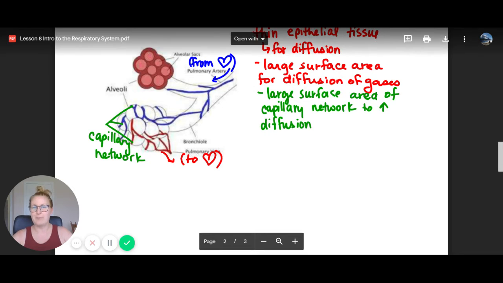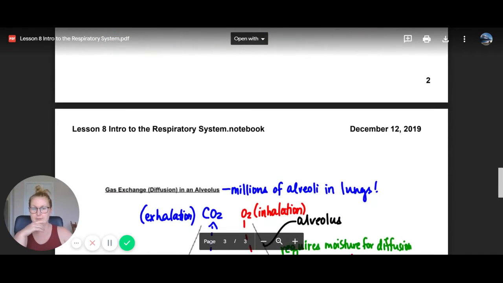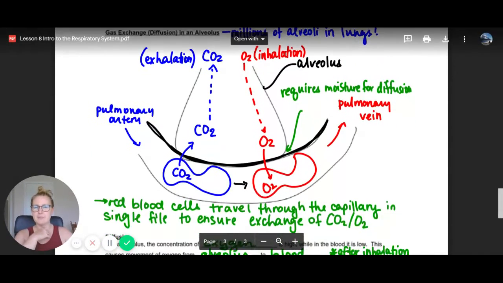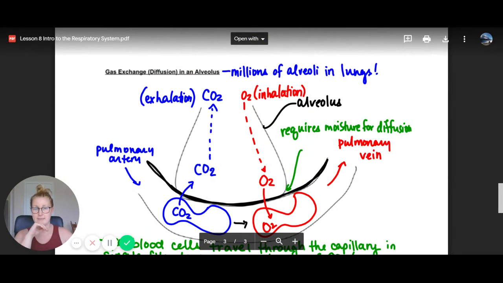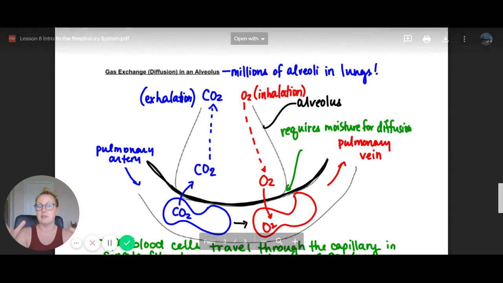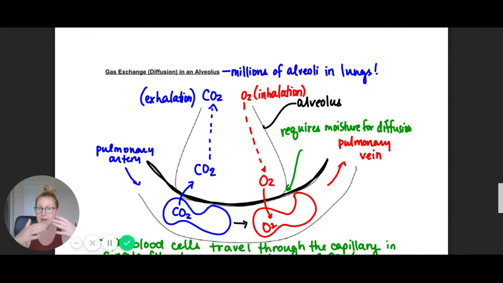At this point, we're going to zoom even further into a single alveolus, which is one alveoli, and the capillary networks that are around it. I want to mention again, we're talking about gas exchange here. Here I've drawn a zoomed-in picture of what we would see in that capillary network as well as the alveolus structure.